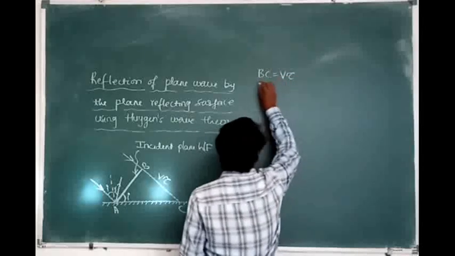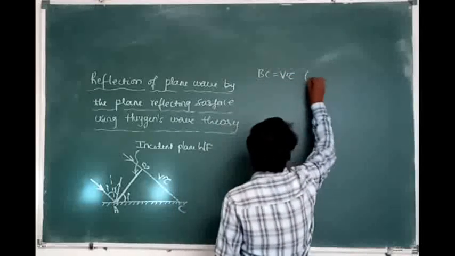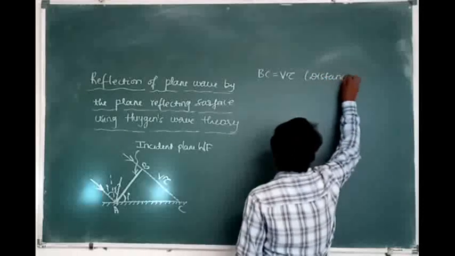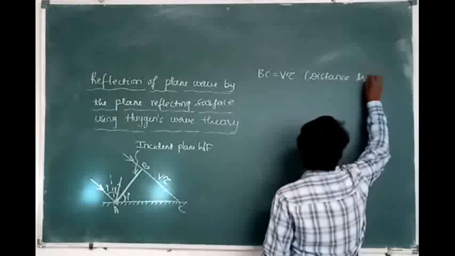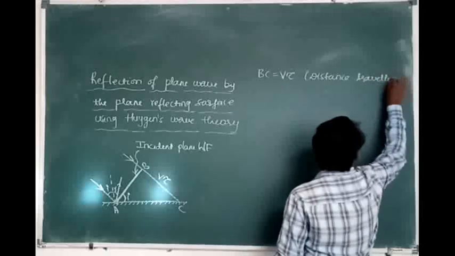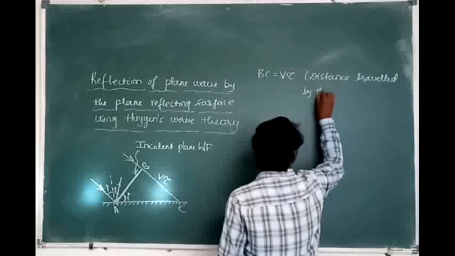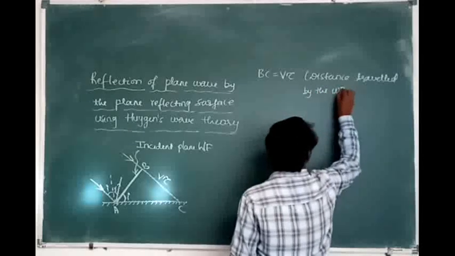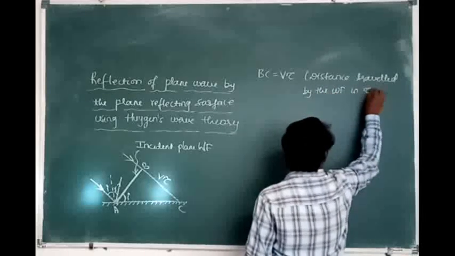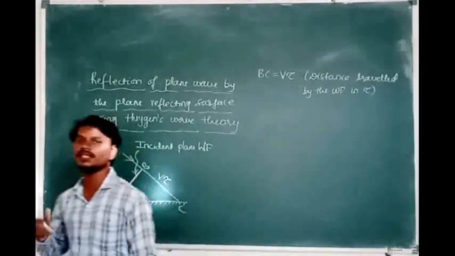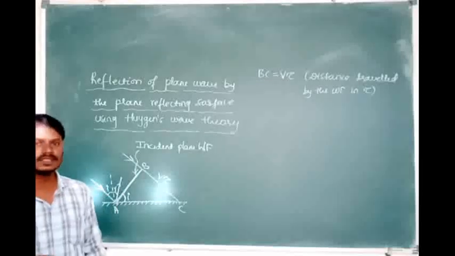So BC is equal to v into tau. It is the distance traveled by the wavefront in time tau. Already we know how to find the distance if we know the speed and time, by using the definition of speed.